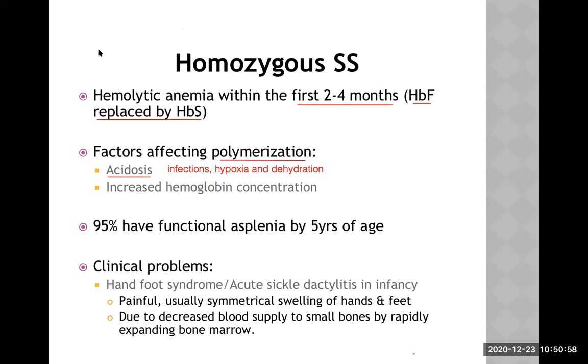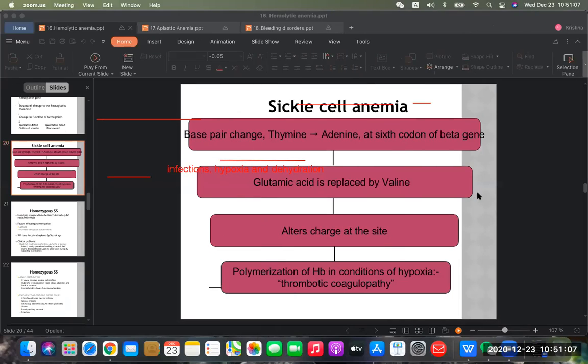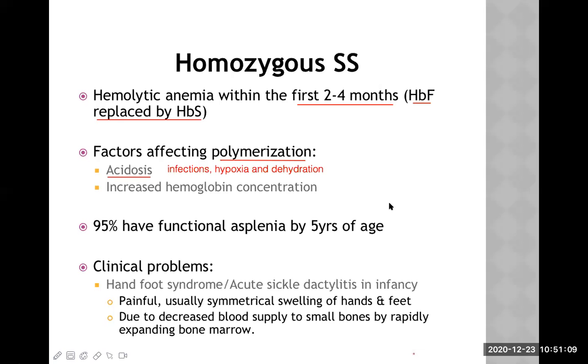Now, another important point: what are the other factors which affect polymerization? That is increased hemoglobin concentration, which is known as increased hematocrit. Especially if hematocrit is more than 30%, then there is a high chance of polymerization.